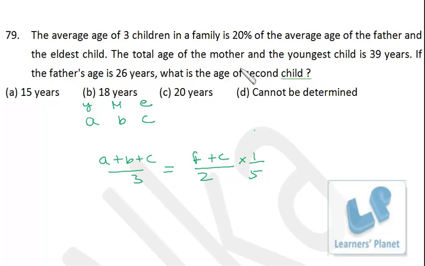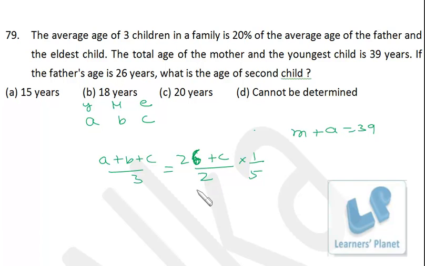Okay, then total age of mother and youngest child is 39 years. So mother and youngest child A is 39 and father's age is 26. So instead of F we can put 26. Okay, now what?